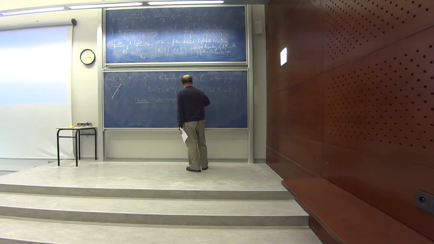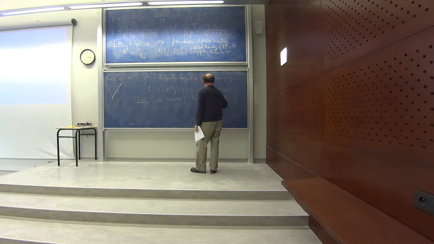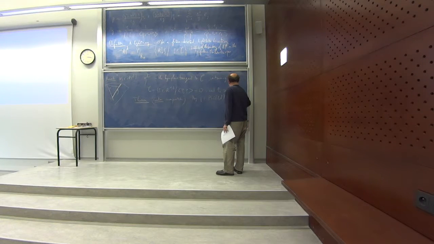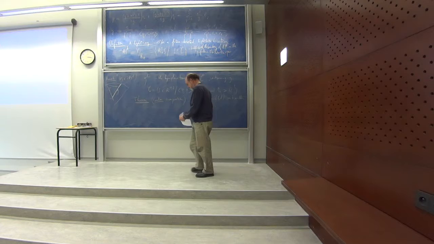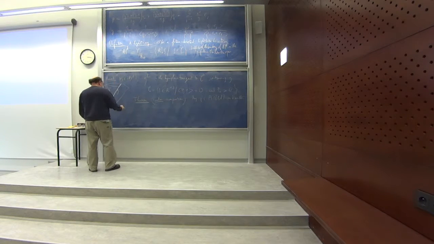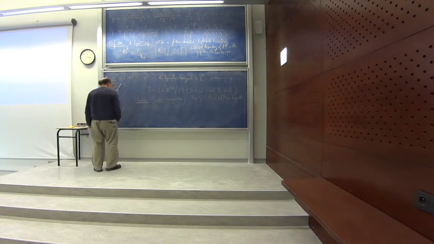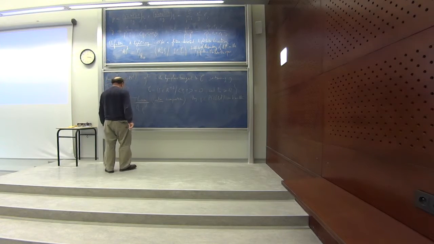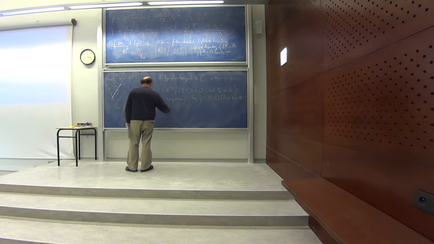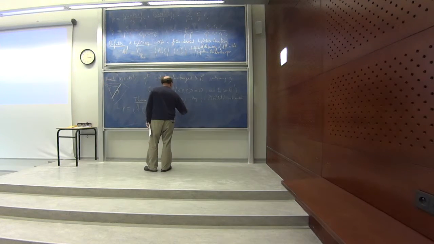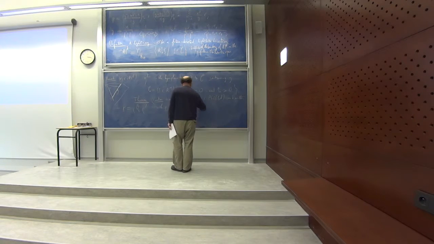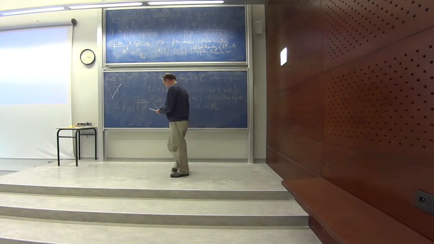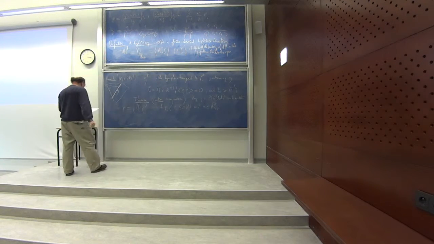Any element gamma in the Lorentz group can be written as gamma equal to, I denote it, rho, theta r, rho prime, with rho and rho prime in SOD, and r real, positive real, but to take it positive.